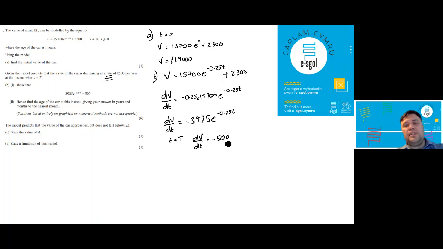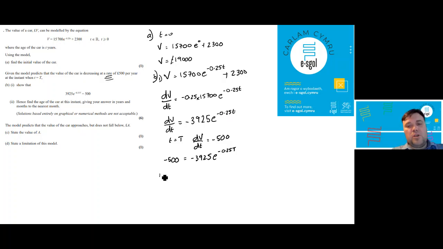So we would put these figures into dV by dt, so that's minus 500 equals minus 3,925 e to the minus 0.25 capital T. And then we take the minus sign outside. What we're trying to do is show that that is the case, which we have done. So this is B part 1.